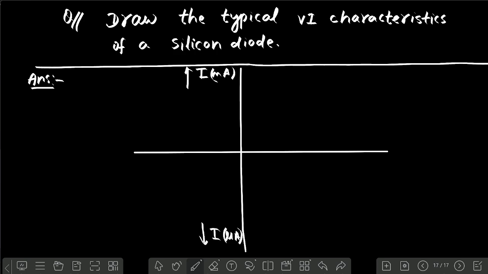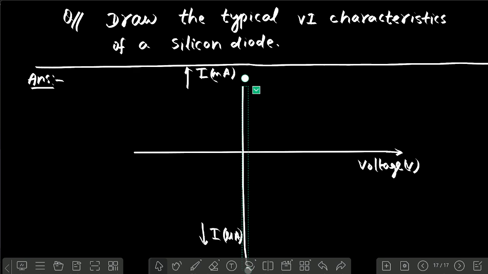Now the x-axis, you take voltage, that is basically V. Forward bias voltage, V you take. And in the negative x-axis you take reverse bias voltage.